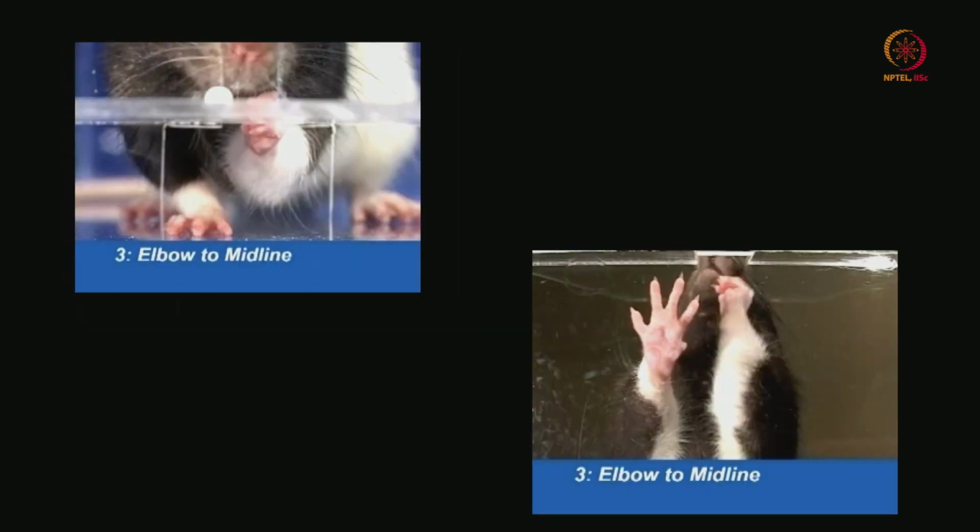And the third step is the entire elbow moves to the midline. Initially what we saw, the digit comes to the midline and then the elbow also comes to the midline, and that is a wonderful example of how our posture of the body changes with the sequence of movement.